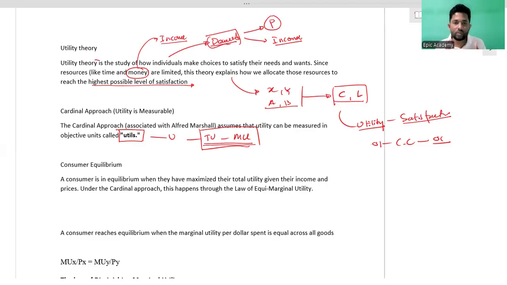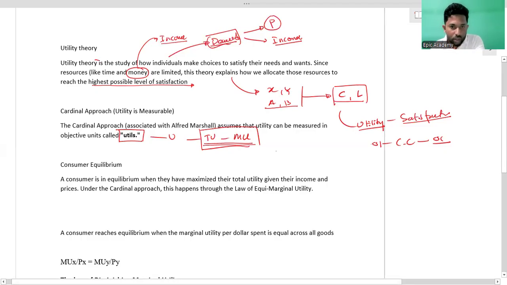By using total utility, you can't take any kind of decision. You have to understand the marginal utility, and looking at the marginal utility, you can take the decision.